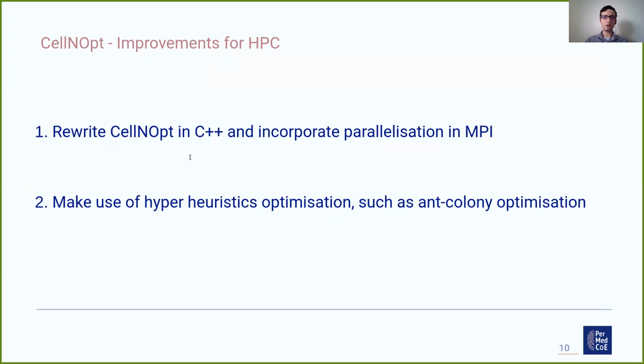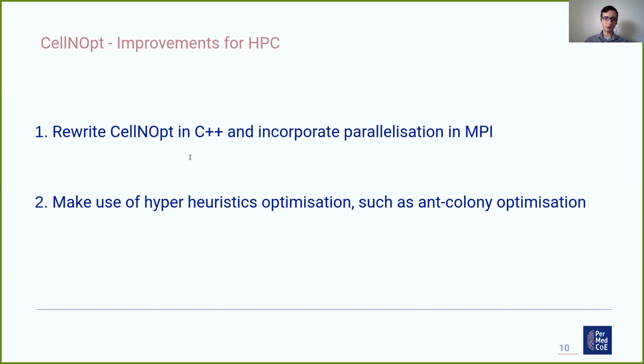To make use of high-performance computing, as part of PerMedCoE goals, we are improving CellNOpt in the following ways. We are rewriting the R code to C++ for faster execution, and we are incorporating parallelization using MPI.